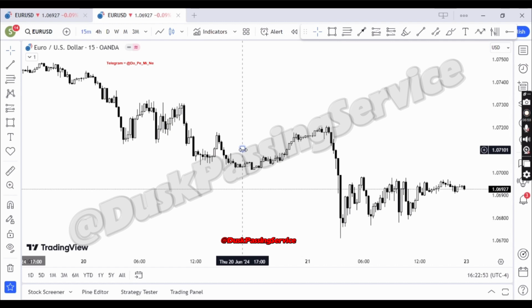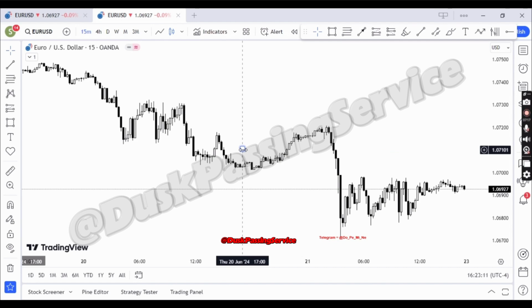Now, the way you can integrate market profiles with opening time is by knowing the fact that more often than not, most of the time when the market opens, price straight away enters a ranging profile, right?